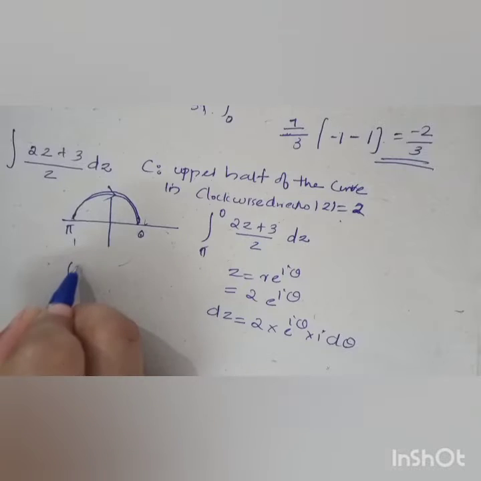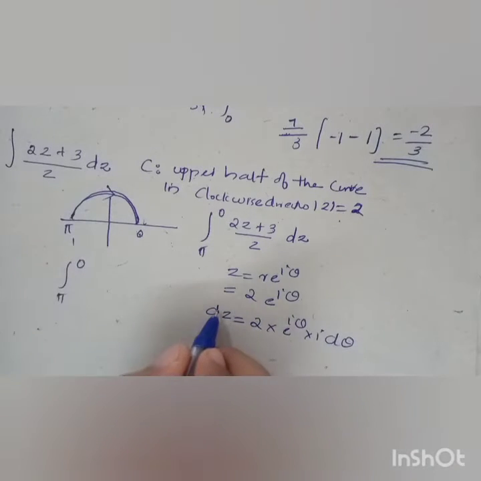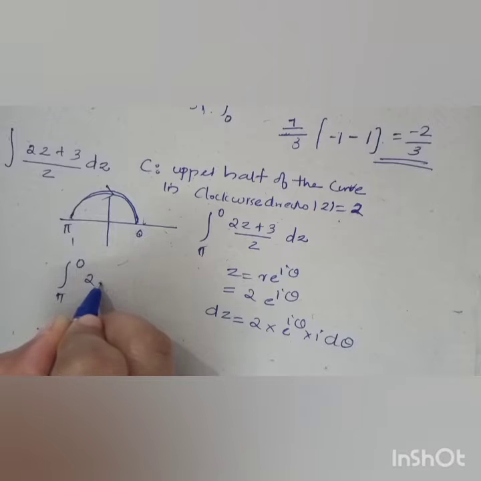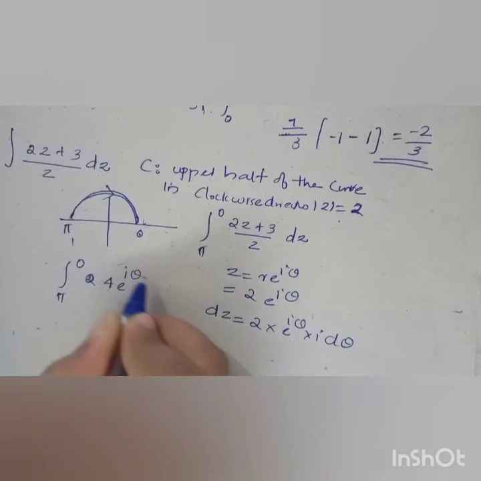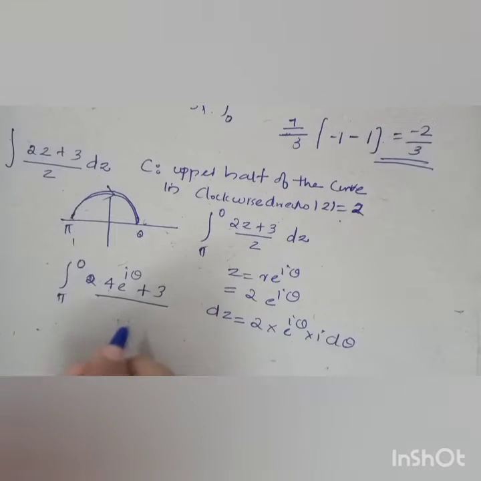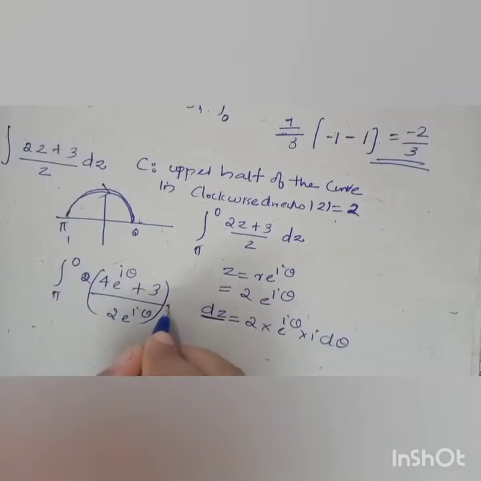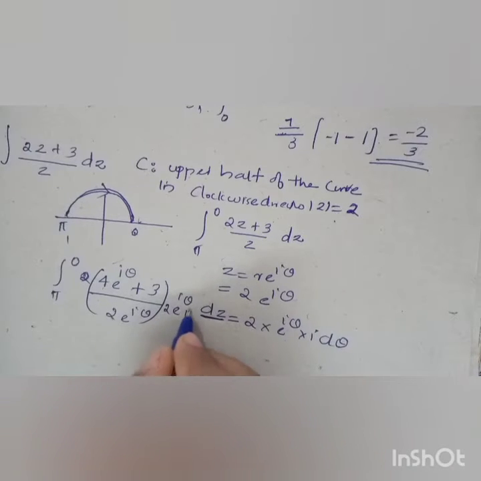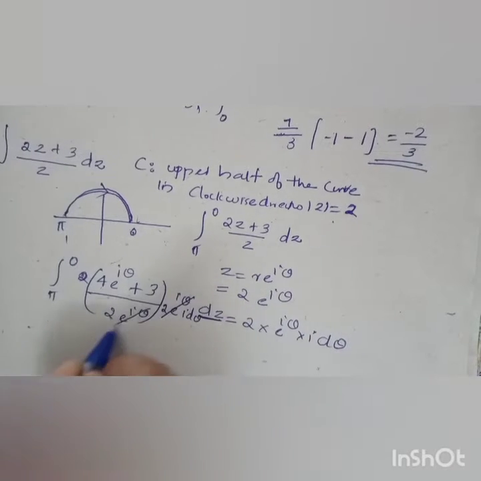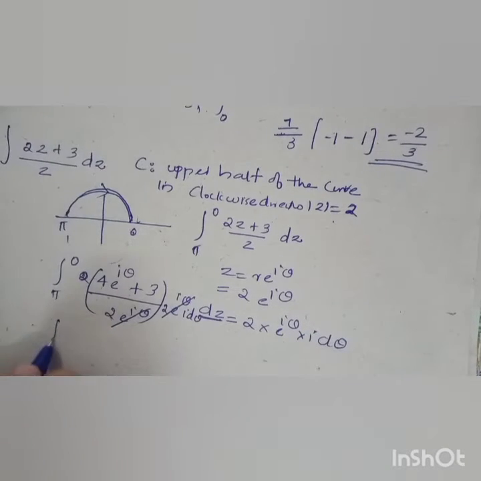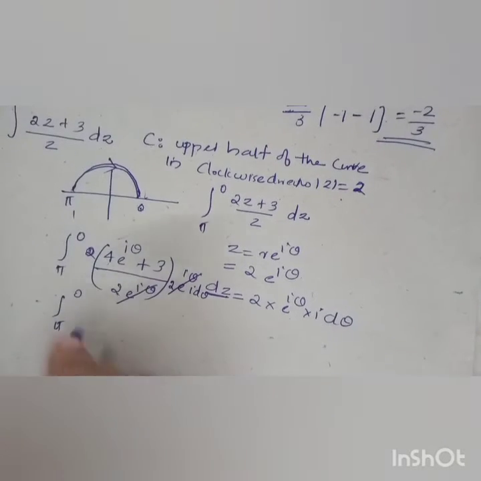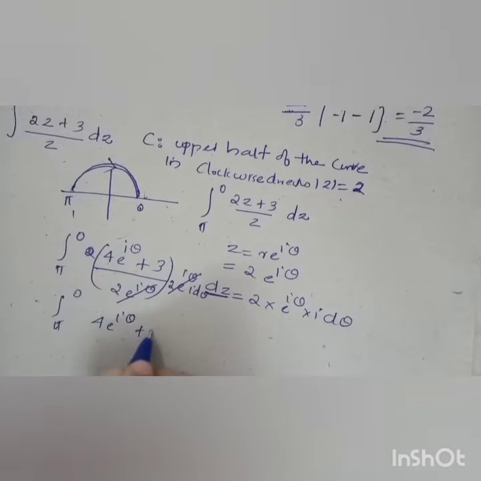So pi to 0, 2 into 2, that is 4, 4 e raised to I theta plus 3 divided by z, that is 2 e raised to I theta, and dz is 2 e raised to I theta into I d theta. So 2 e raised to I theta cancels. So integral pi to 0 of 4 e raised to I theta plus 3 into I d theta.